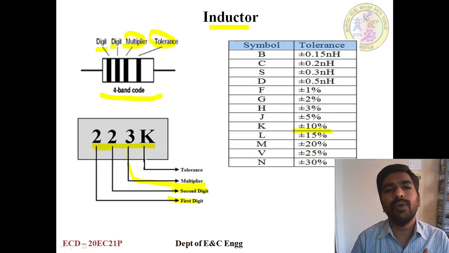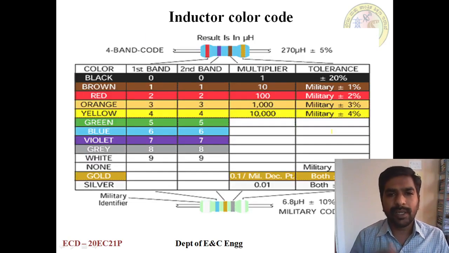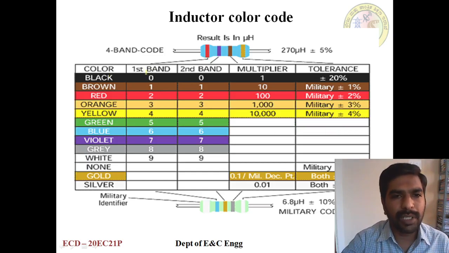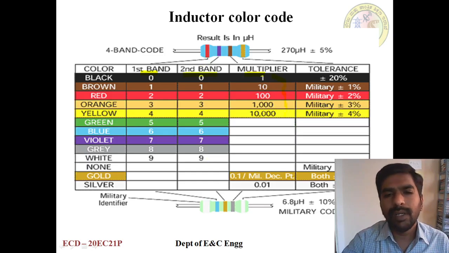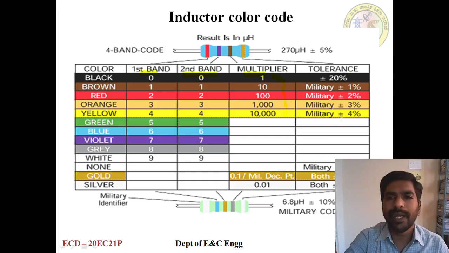Either they can use the color code, or they can print a value. With their printed value we can convert that into an inductor value. And inductors also have the same color code, same order also, there is no change, but the difference is the first band 0 to 9, second band 0 to 9, and for the multiplier they use only 1, 10, 100, 1000 and 10 raised to the power of 4. So this way. And there is a tolerance also. This is usually used in the military because they need a more accurate value, and for that they have a military tolerance.